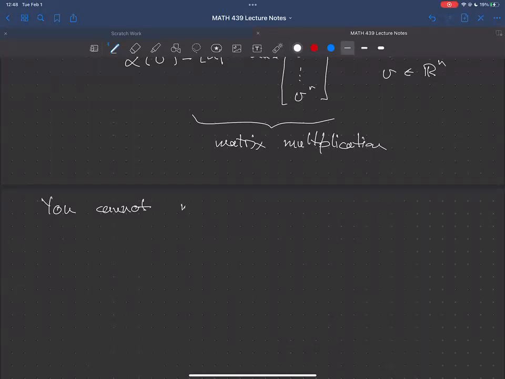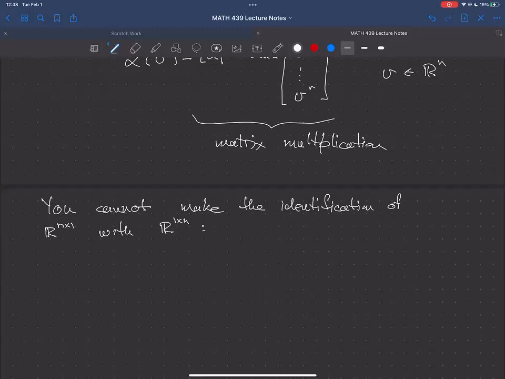So you cannot make the identification of Rn by 1 with R1 by n.